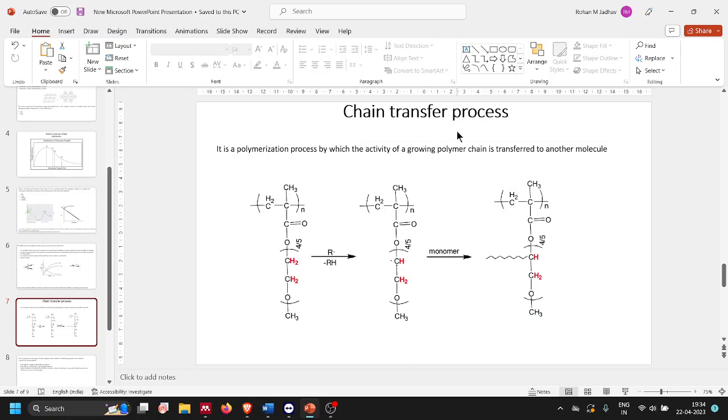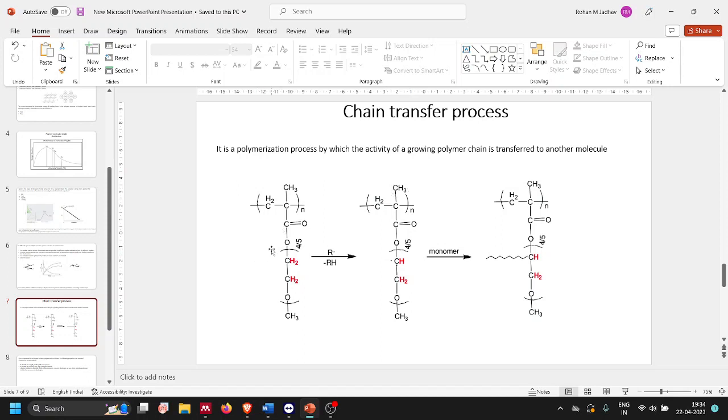Chain transfer agents halt the growth and polymerization in a single monomer molecule and either pass it on or take it on to themselves to halt the polymerization in that particular molecule. So chain transfer process occurs in addition polymerization, radical polymerization, cationic and anionic polymerization. There are different types of it.